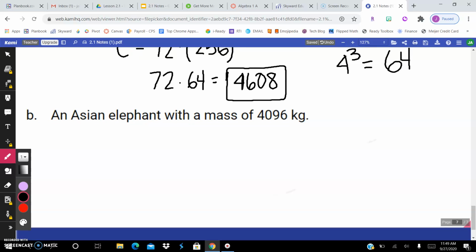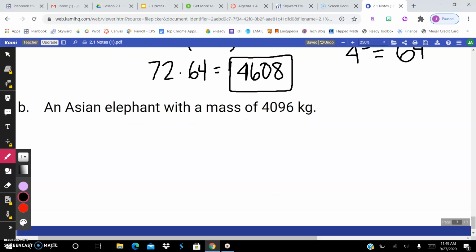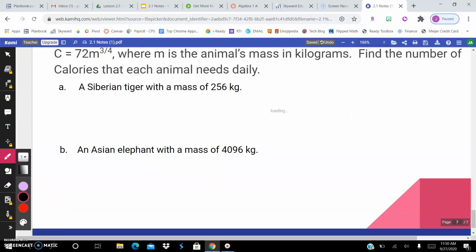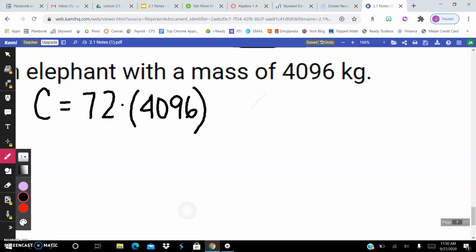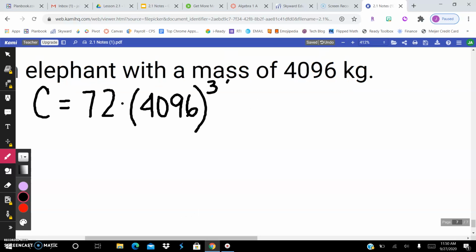Next, we're going to look at an Asian elephant with a mass of 4,096 kilograms. We're going to use the same formula. The calories equal 72 times our mass, which in this case is 4,096. And our exponent is 3/4.